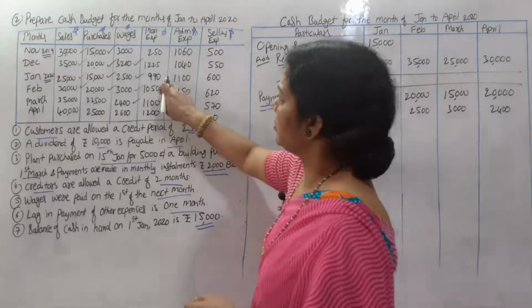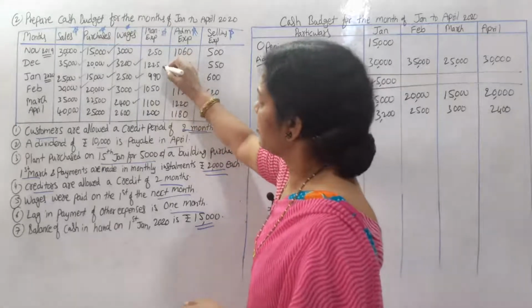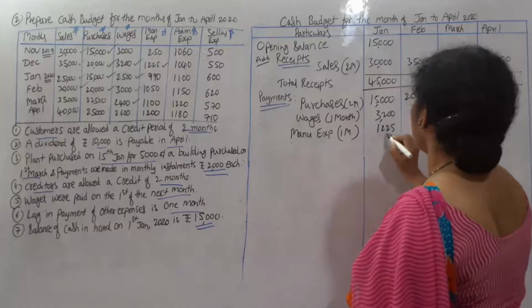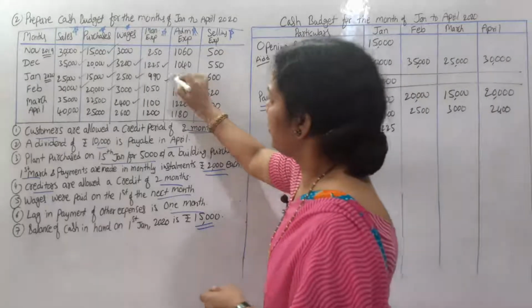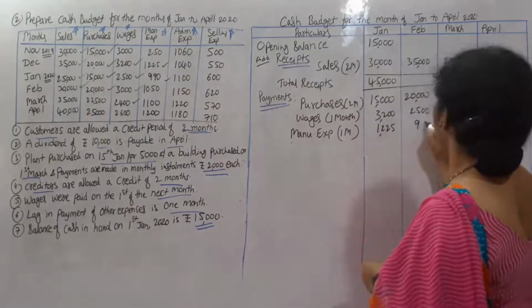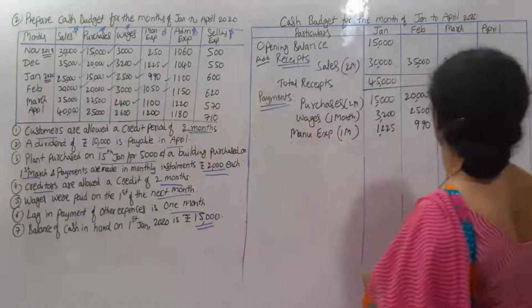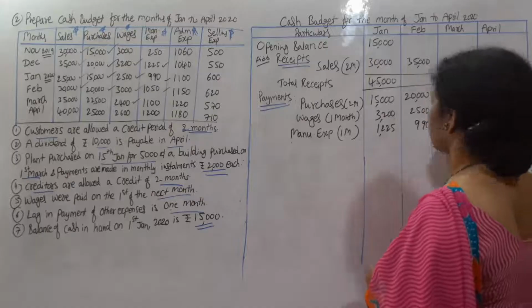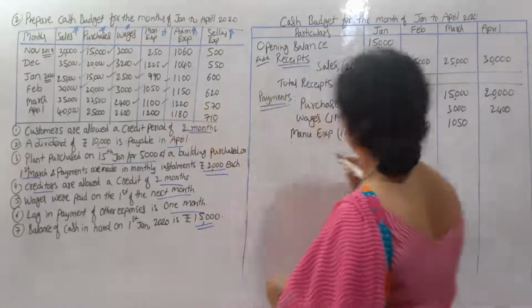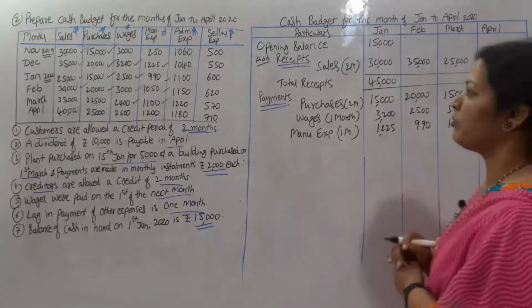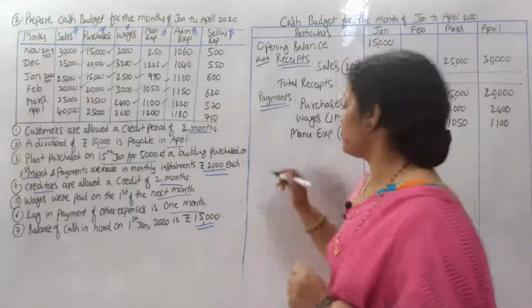For January we will take the December figure, 1225. Then 990, then 1050, and 1100. 1 month delay. After manufacturing expenses, administrative expenses.